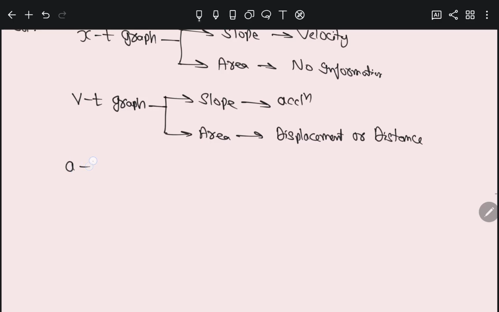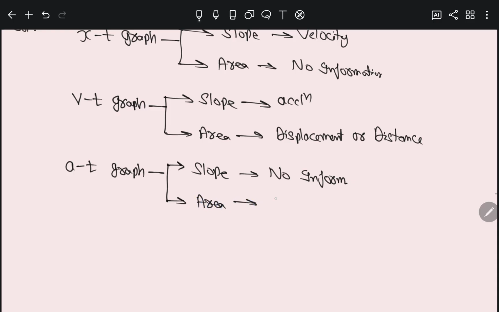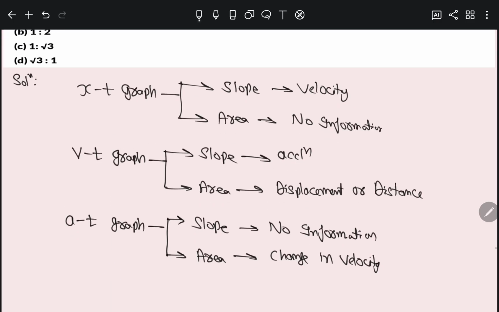And next, the acceleration time graph: if you find the slope, no information. If you find the area, you get change in velocity. Understand? I hope you remember these points. This is quite useful for you.